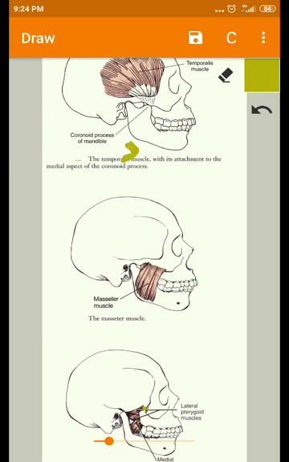The digastric muscle has anterior fibers and also posterior fibers. The anterior fibers attach to the chin of the mandible, whereas the posterior fibers attach to the mastoid process.